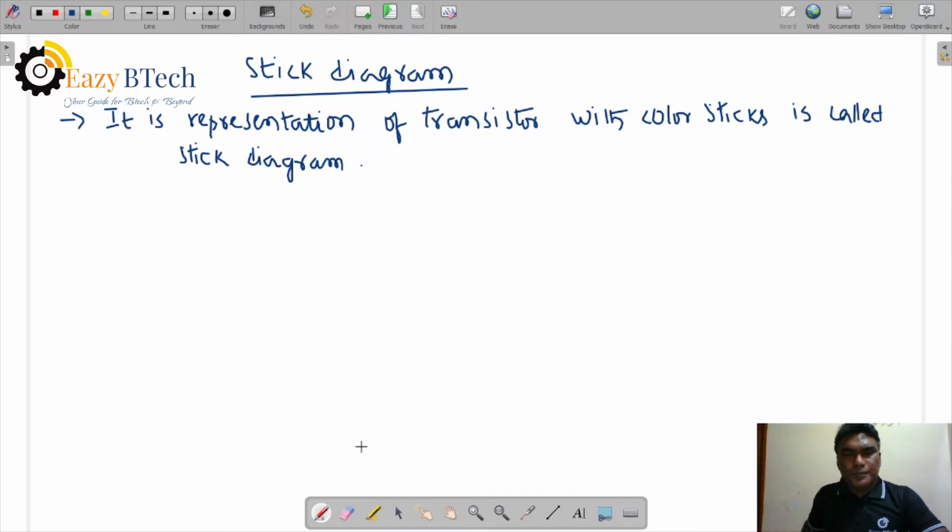Now let us use some basic transistors and see what the stick diagram is.